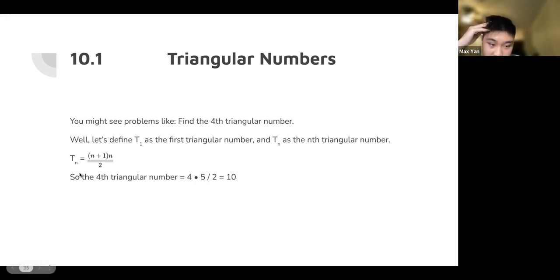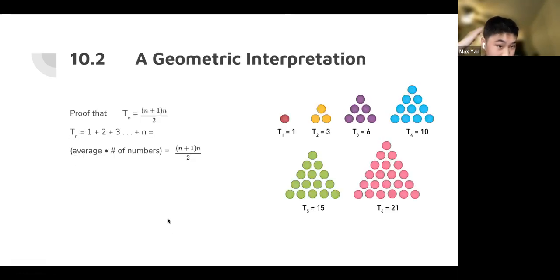So Tn equals n plus 1 times n divided by 2. So say he asks, find the fourth triangular number, you would plug it into the formula. 4 times 5 divided by 2, 10. So now let's look at the geometric interpretation.